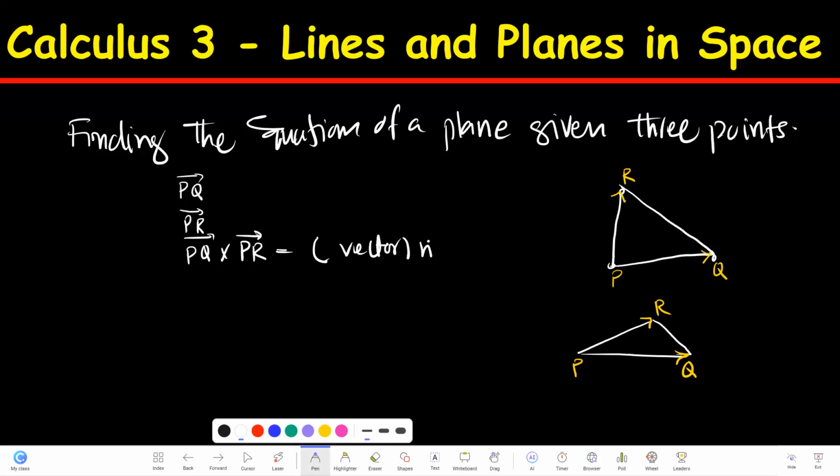And that vector is n. Basically this n means it's normal to PQ and PR, both PQ and PR.